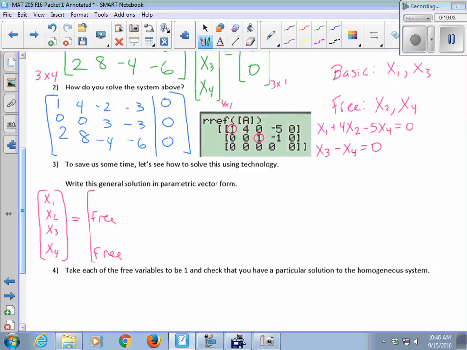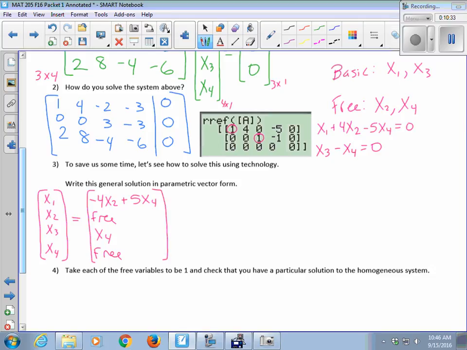So x1, if I want to solve it in terms of free variables, just solve this guy for x1, I have negative 4x2 plus 5x4. And then x3, solve in terms of the free variable x4, and x3 equals x4. So I put x4 here.